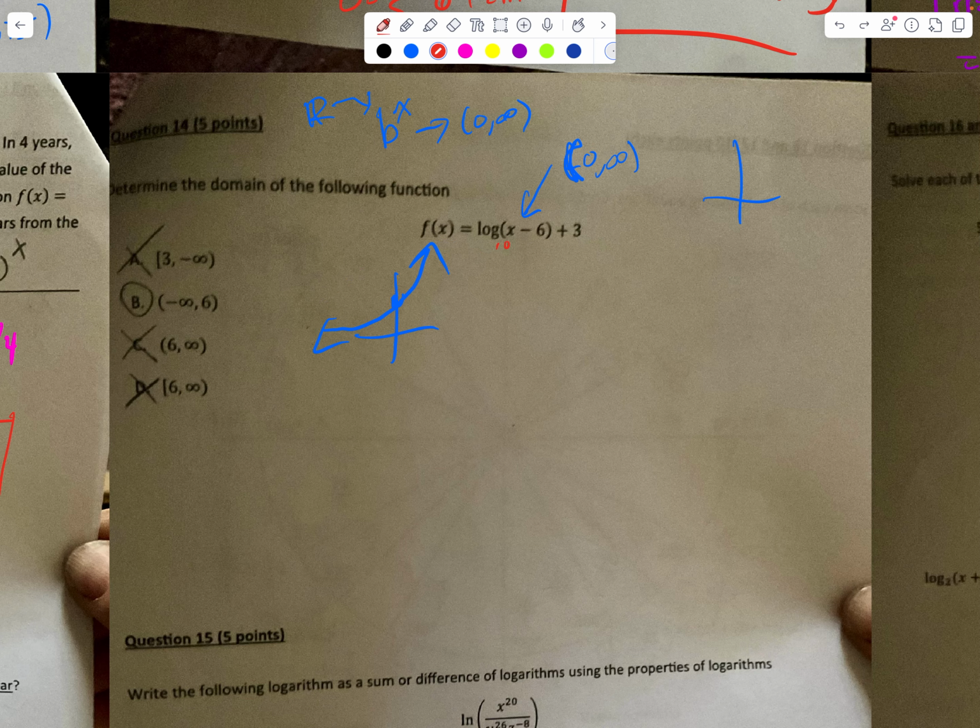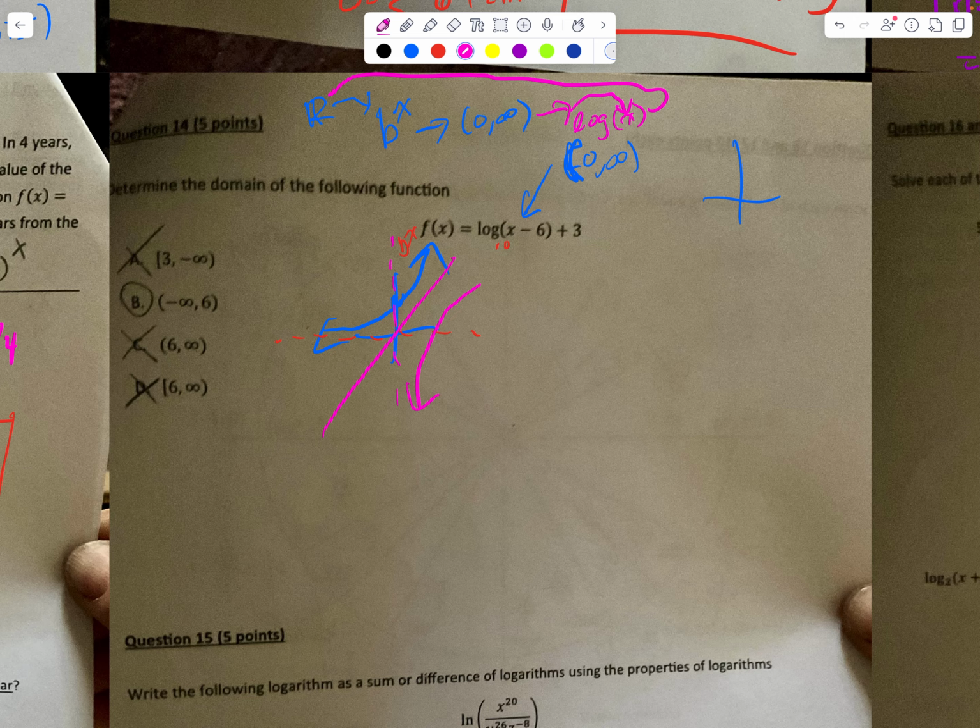So that's for b to the x, right? You never get anything out of it that's negative. And the log takes the output of b to the x as its input. All right? And it returns it back to where it came from. So since only positives come out of b to the x, only positives can go into log.